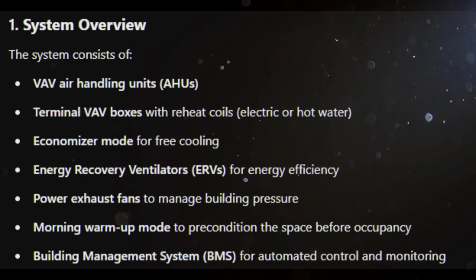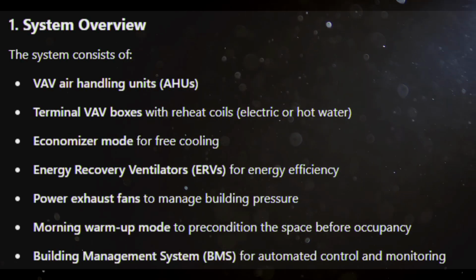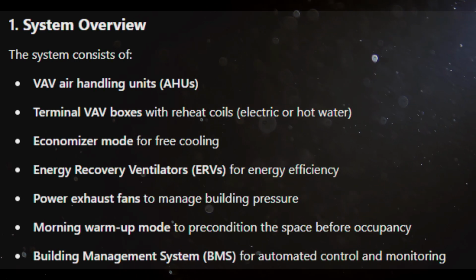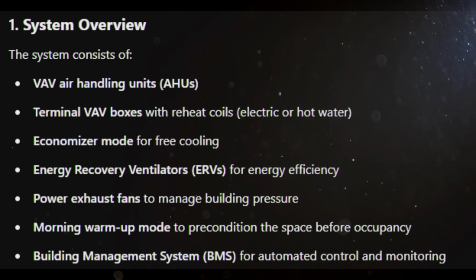1. System overview. The system consists of VAV air handling units (AHUs), terminal VAV boxes with reheat coils, electric or hot water, economizer mode for free cooling, energy recovery ventilators (ERVs) for energy efficiency, power exhaust fans to manage building pressure, morning warm-up mode to precondition the space before occupancy, and a building management system (BMS) for automated control and monitoring. 2.